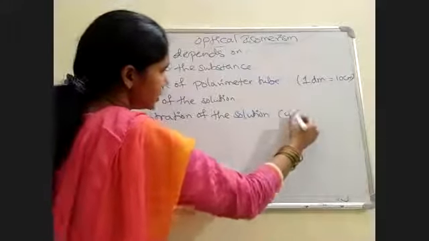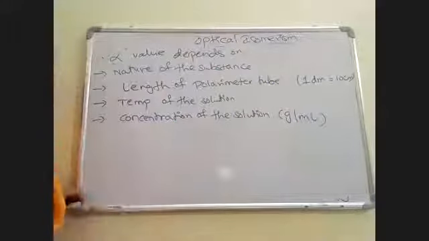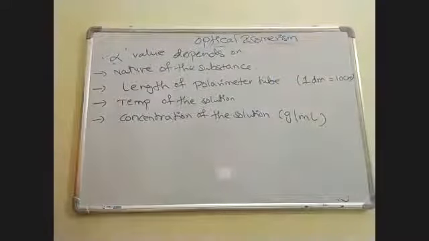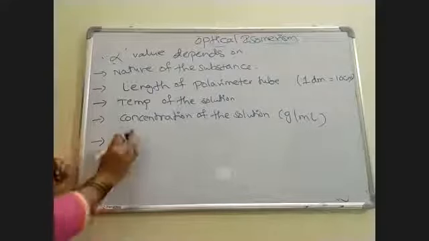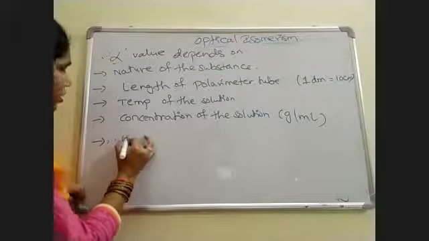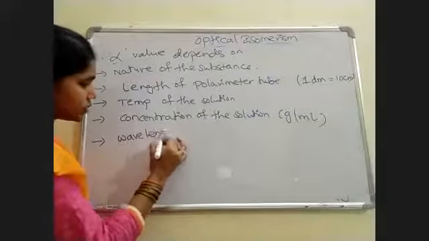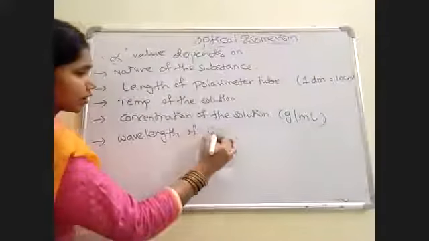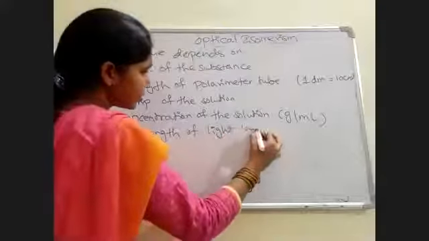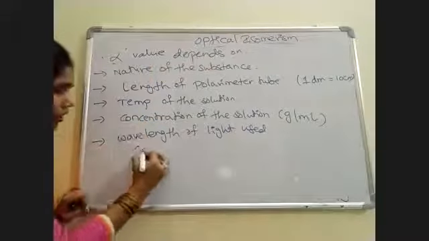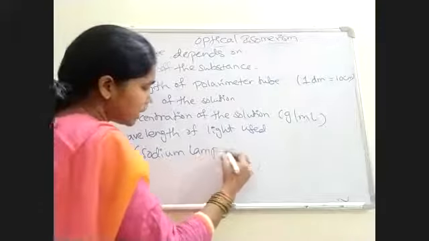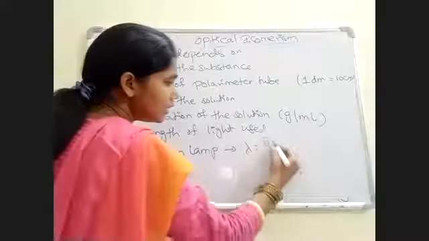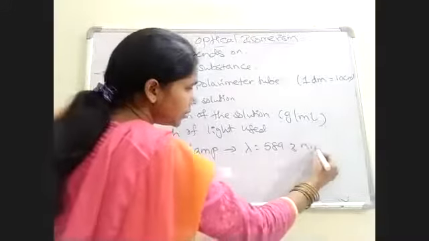Concentration is usually taken in grams per ml. How many grams are dissolved in ml? If you change the concentration of the solution, the alpha value changes. And it also depends on the wavelength of the light used. Usually in the polarimeter we take a sodium lamp. Sodium lamp has a lambda value of 589.3 nanometers.